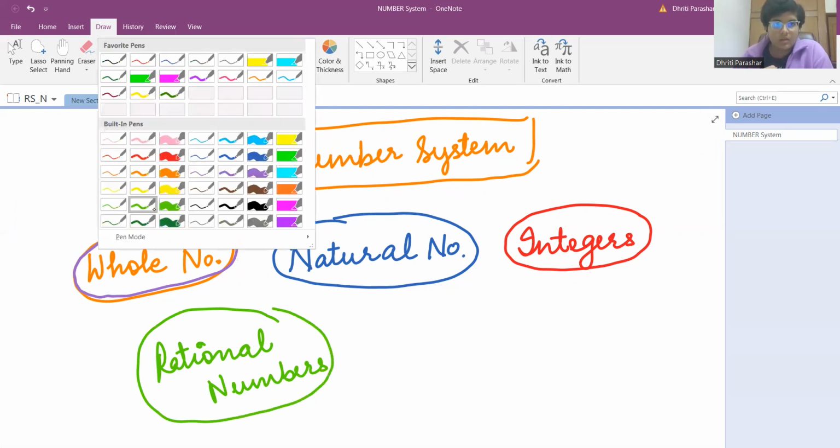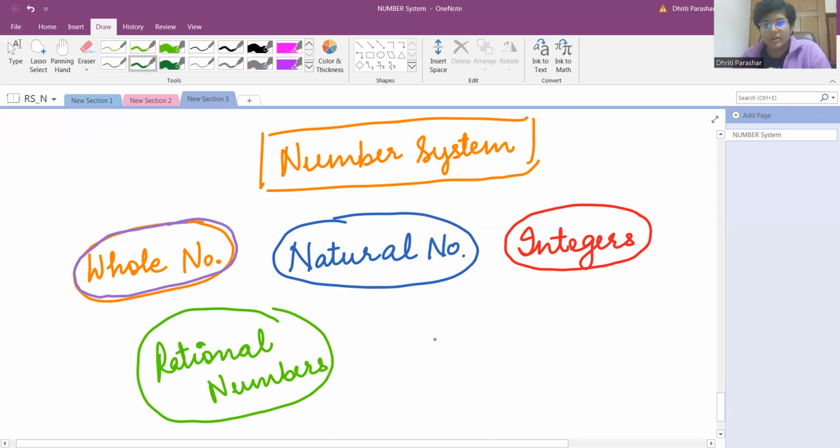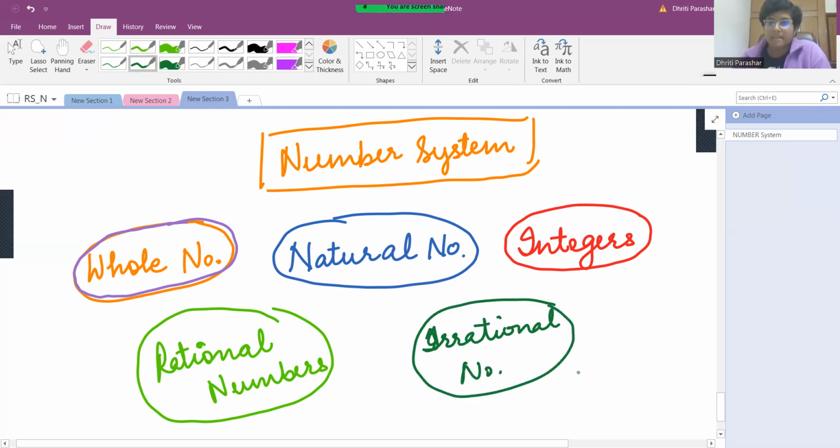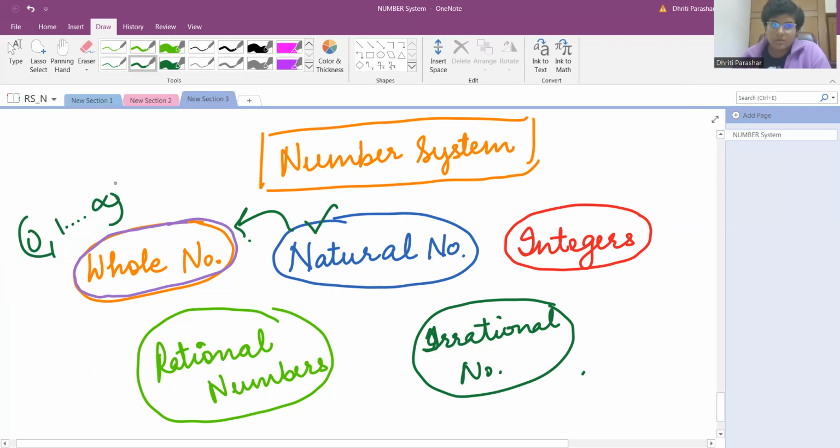And then we have irrational numbers. Right. So all natural numbers are whole numbers. This is 0, 1 to positive infinity, right? So all natural numbers are whole numbers.